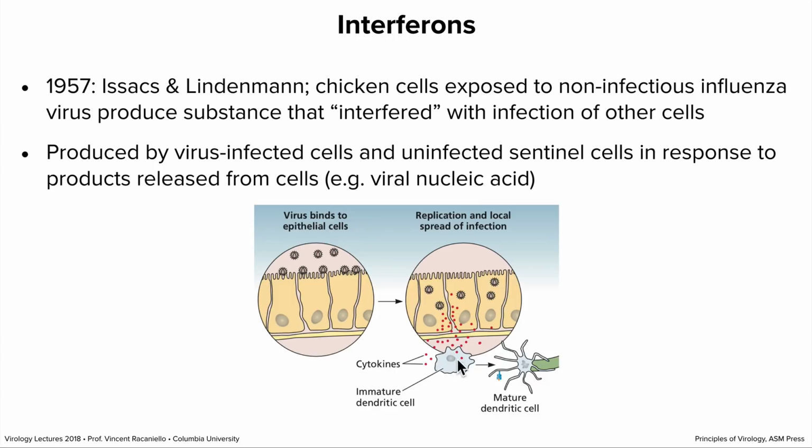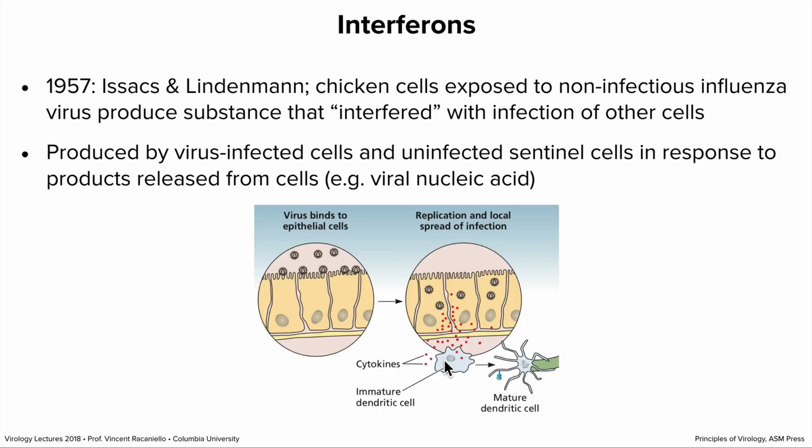They're attracting immature dendritic cells to these regions. The dendritic cell becomes activated and will then go to the lymph node, as we'll see later on. These dendritic cells can also pick up products released from these infected cells. If these infected cells apoptose, the blebs that are released from cells can have, say, viral RNA in them.